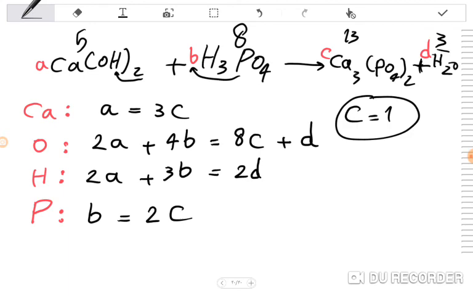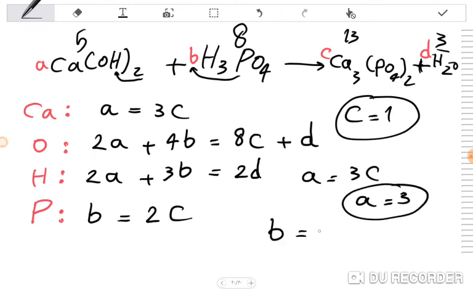The priority is calcium phosphate. Okay? If C is 1, A equals 3.